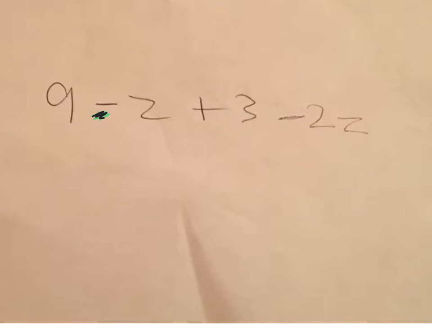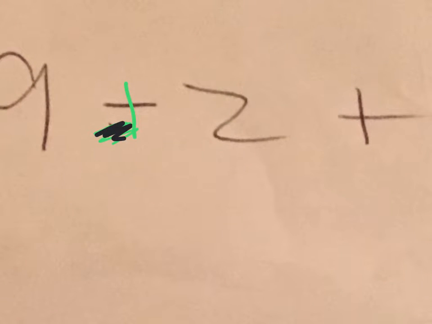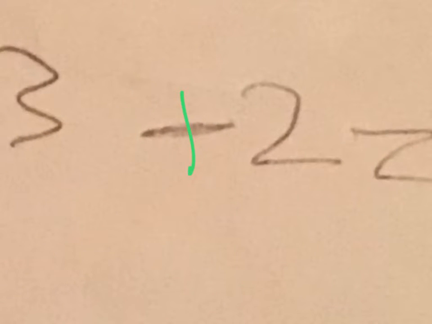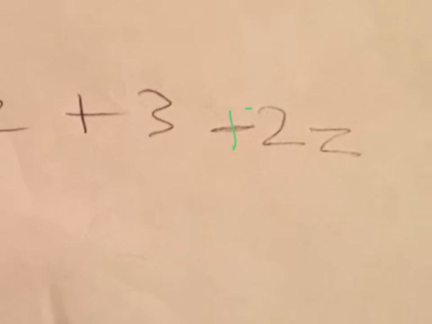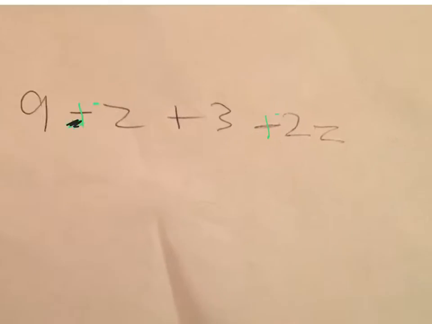Okay, so this equation is 9 minus z plus 3 minus 2z. So what we'll have to do is, for starters, to make things a little easier, we'll take the subtraction signs and turn them into plus signs, and then make the z negative z. And same with this one over here, so instead of 3 minus 2z, it'll be 3 plus negative 2z.